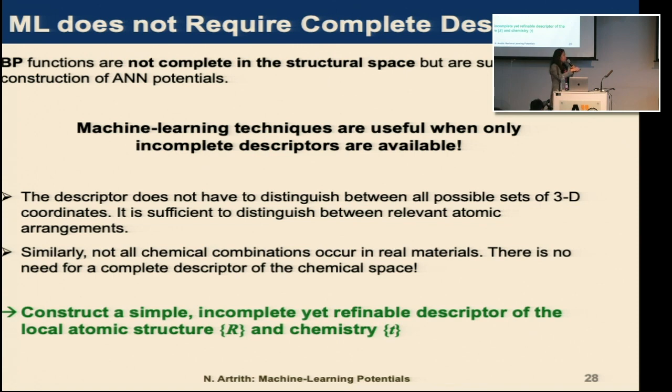So I will now use the notation R for the descriptor that describes atomic structure, and T to describe the chemistry.